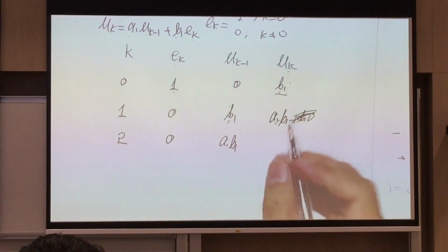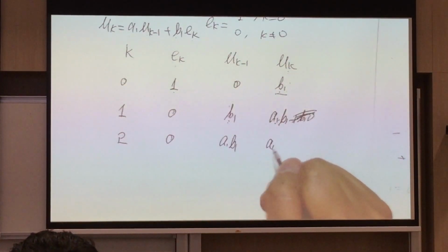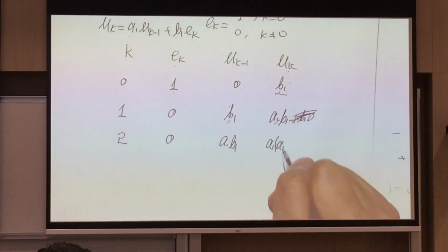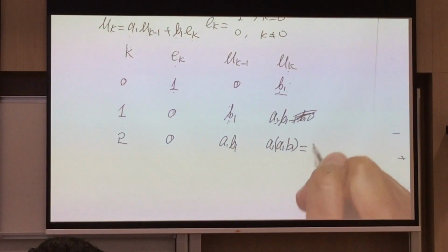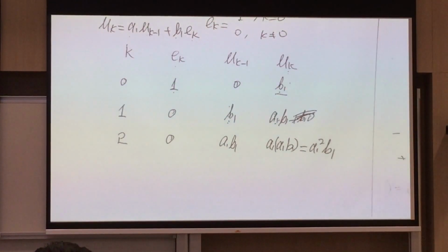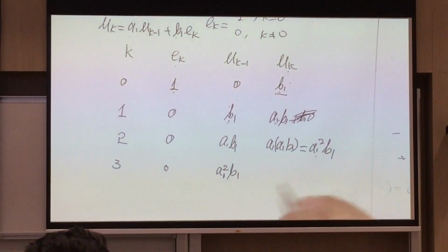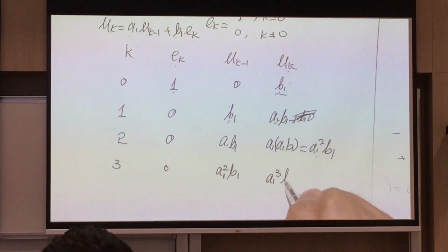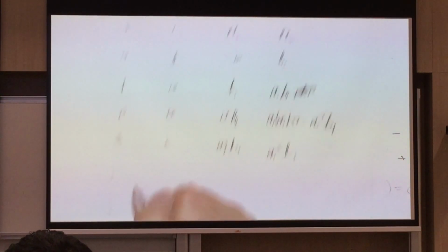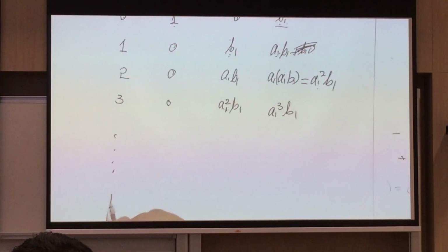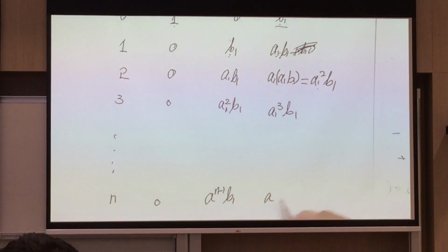So how much is my output? a1 times a1 b1, which is a1 squared b1. When my time goes to 3, what is it? a1 cubed b1. So if I come to n, what do I get? Maybe a1 to the n minus 1, b1.